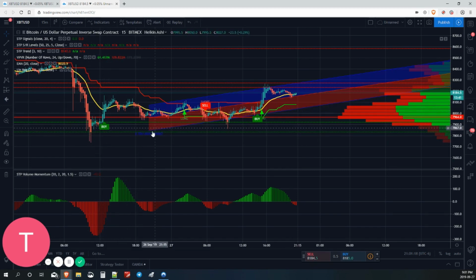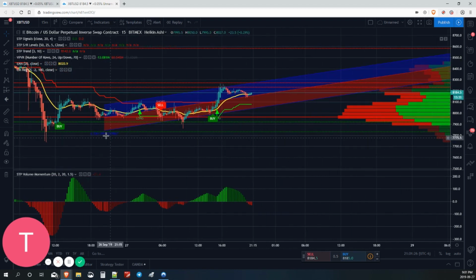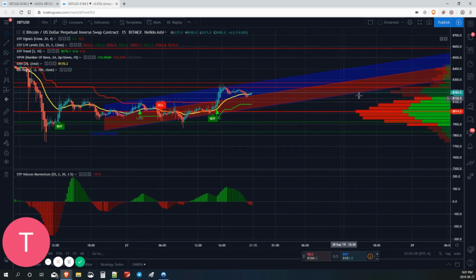Linear regression shows the channel and current targets. So it gives you an overview on where this current channel is going. Currently on this chart, it's trending upwards to a lower target of 83.10 or an upper target of 85.48. This would be pending we break 82.35 resistance and 82.68 as well.